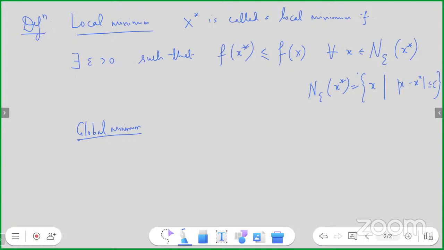Similarly for global minimum, x star is a global minimum if f of x star is less than or equal to f of x for all x. And we add the adjective strict, strict local or strict global, if these inequalities are strict inequalities.